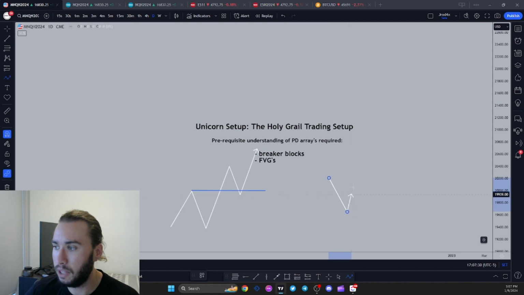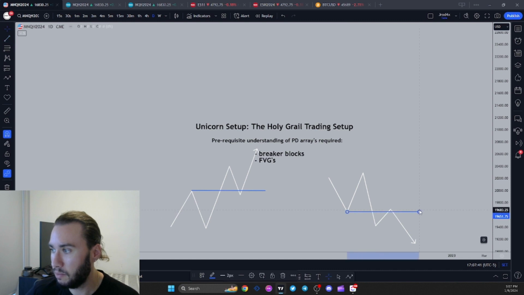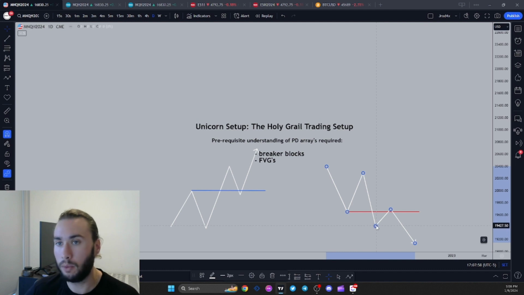It's the inverse in a bearish model, which looks like this. Same concepts, this would be a point of resistance. You have a swing high back up here, then a low, then a lower high, then a lower low. This lower low is also your break in market structure, and then you have a retest of the breaker and then a lower low.